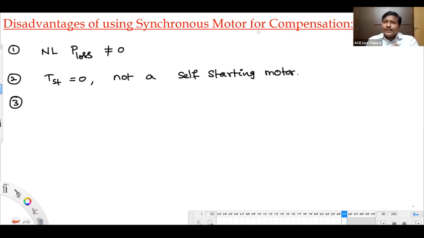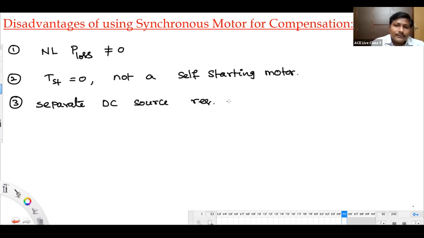We should give excitation to the field winding. So a separate DC source is required for the excitation.